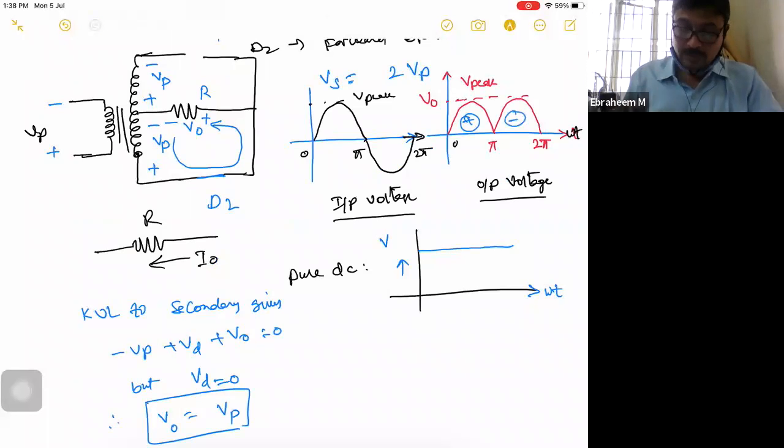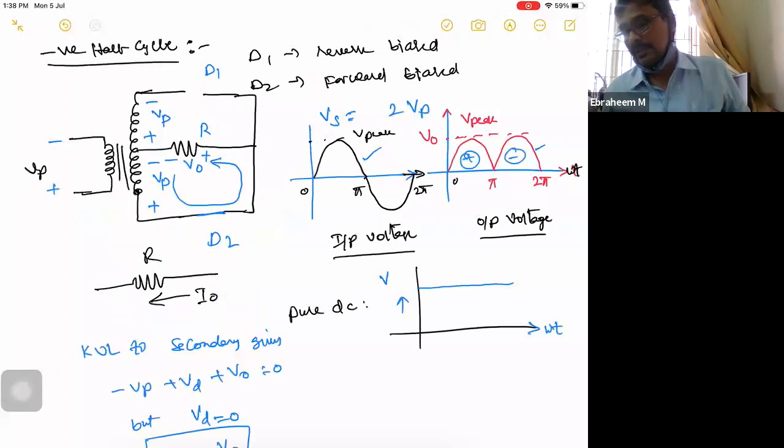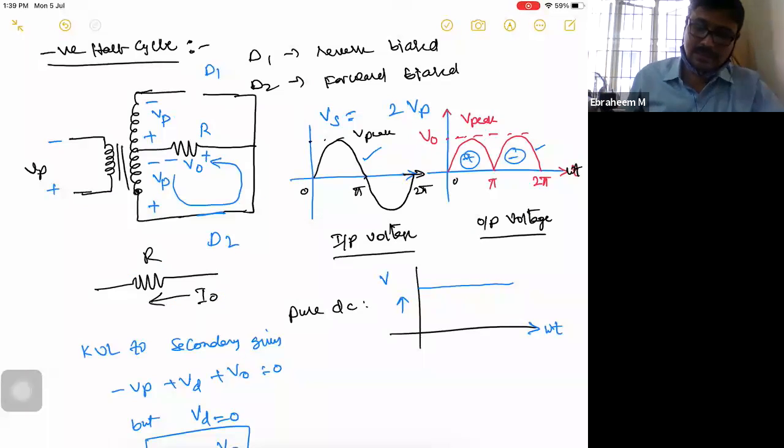During the positive half cycle it follows the input waveform, and in the negative half cycle also it follows the input waveform. But the current through the resistor and the polarity of the voltage across the resistor are in the same direction during both half cycles.